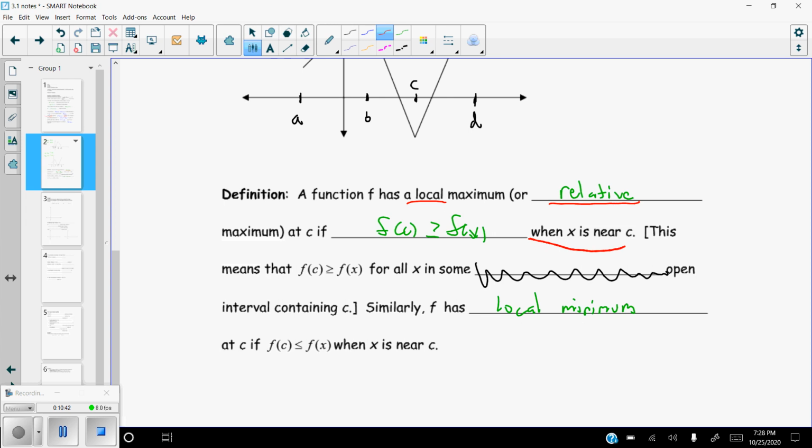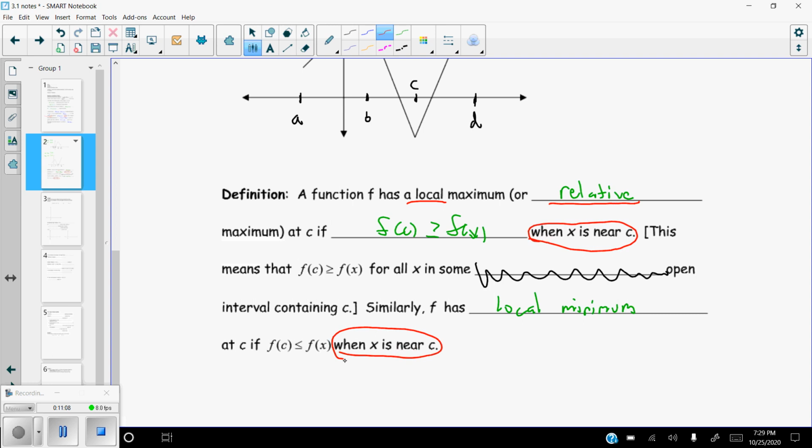When x is near c, so it is not necessarily the entire graph. It's just in a localized region around whatever the c value is or whatever our x value is. So we're actually looking for a local or a relative maximum, or in the case of the second sentence, a relative minimum, again, when x is near c.